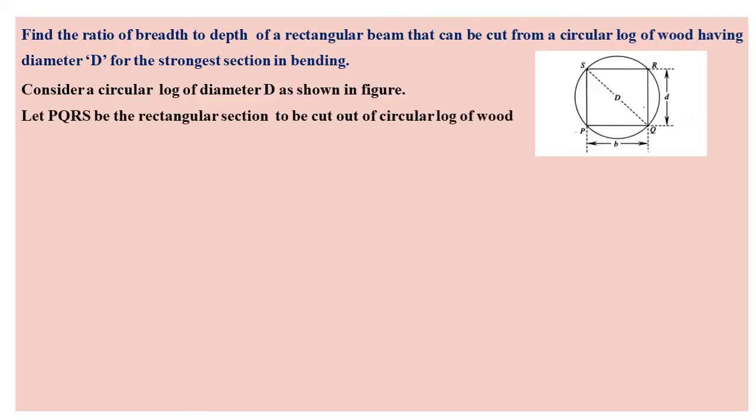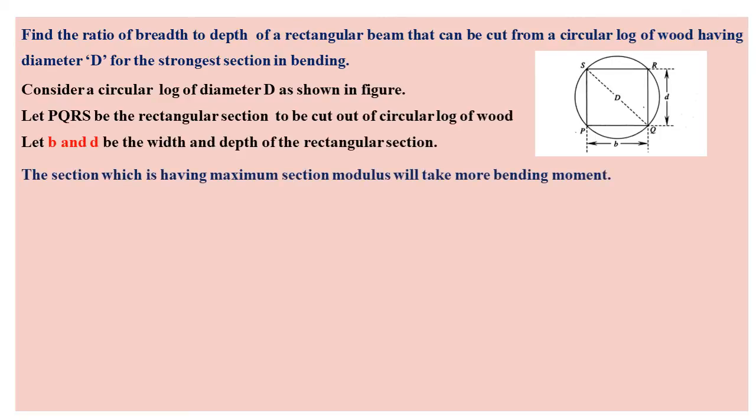Let PQRS be the rectangular section to be cut out of the circular log of wood. Let B and d be the width and depth of the rectangular section. The section which has maximum section modulus will take more bending moment.